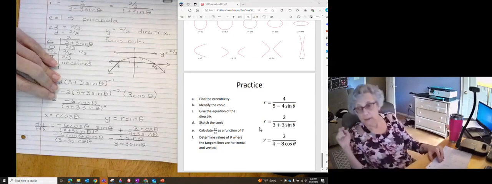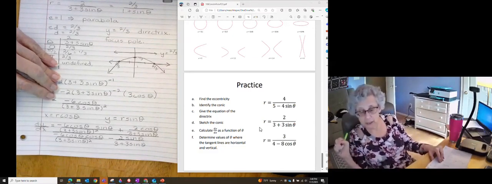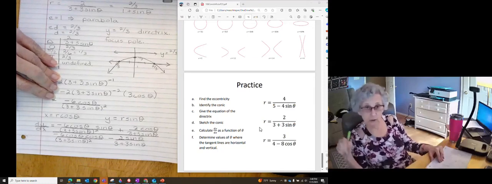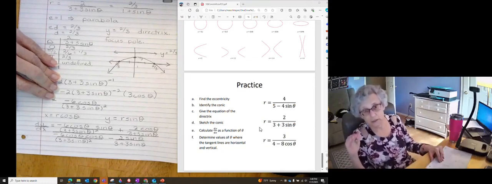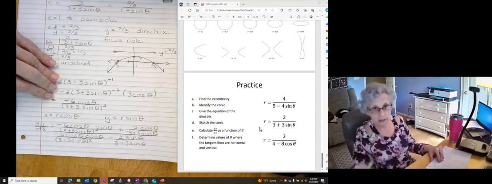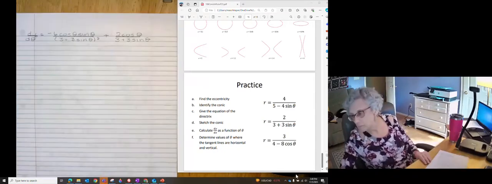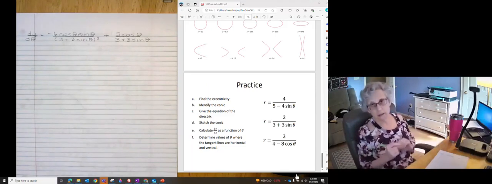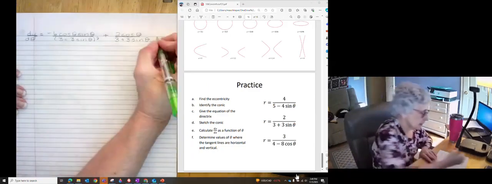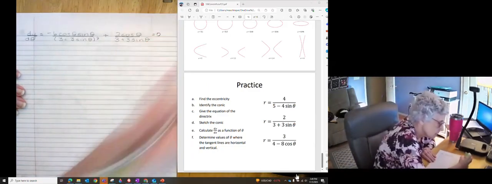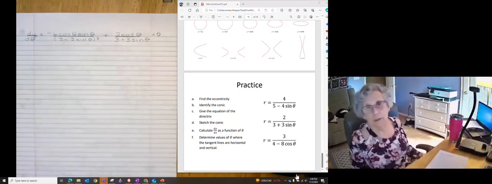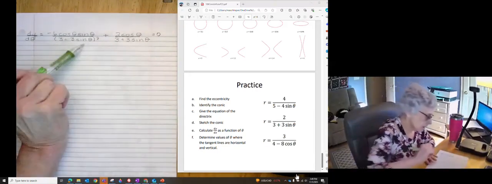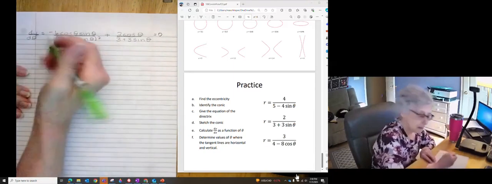Now, determine values of theta where tangent lines are horizontal and vertical. Yeah, you're going to need to do some simplifying. So I'm going to copy stuff to the other side of this page. I just copied dy/d theta to the back of my page. And I'm going to set this equal to 0 to figure out what horizontal tangents are. Well, I need a common denominator.